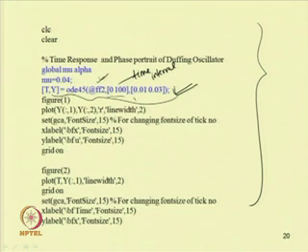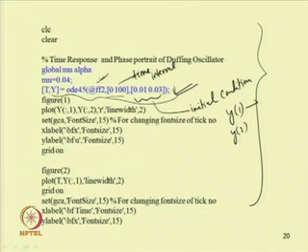This is the initial condition for y1 and y2. So, y1 is u and y2 is u dot. Given this initial condition, we can find this time and response.